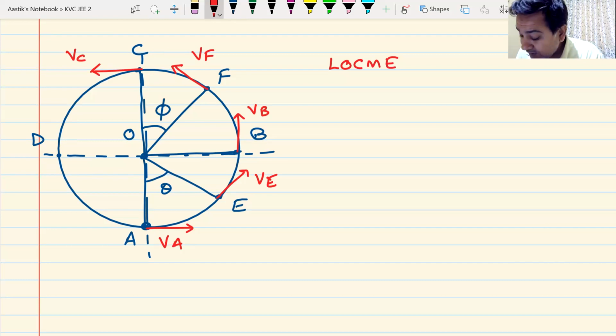Now, to write the equations, we must consider some point as our datum, or zero energy level. Which is the most appropriate point here that I must give the value of gravitational potential energy as zero? I can take any point in this universe, but which is the most appropriate?